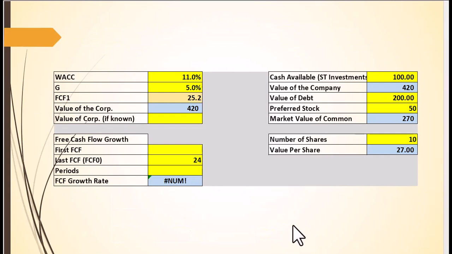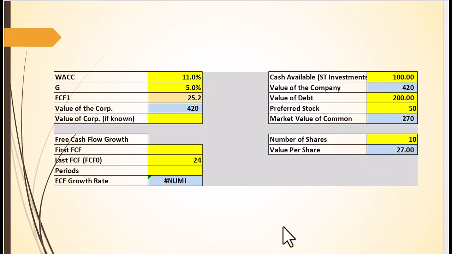Now, there is a worksheet that we can utilize to calculate the free cash flow value of a stock. And again, just inputting the data, we find out that the value of the company is that 420 million. We had the free cash flow at the very beginning was 24 million. Here's the short-term investment, debt, preferred stock.